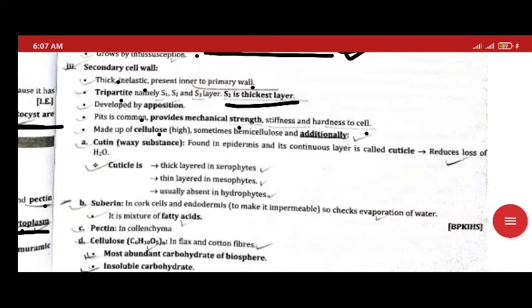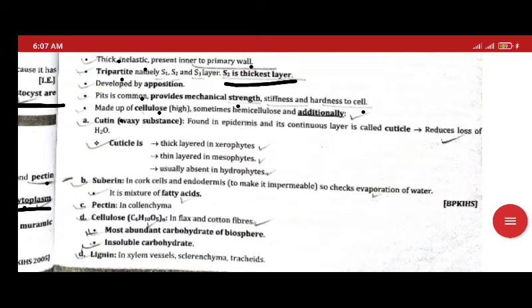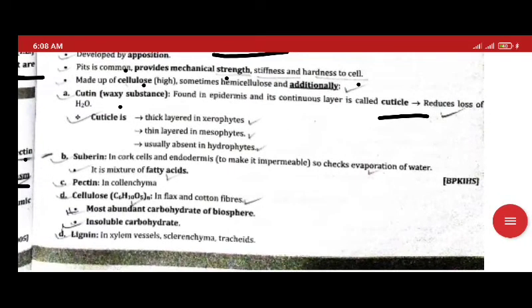Now here it additionally contains compounds. The first is cutin, a waxy substance, and from cutin comes the cuticle. If the cutin continues from the epidermis, then the cuticle forms, and that cuticle prevents loss of water.